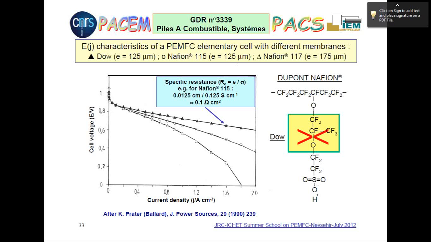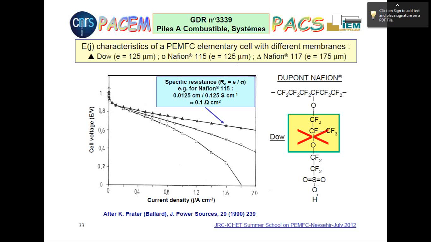It is important to decrease the thickness, but you have to keep the membrane gas tight. If you have a mixture of hydrogen and oxygen, you have problems. It happens sometimes in a bad laboratory; in a good laboratory, no. So that's a very important point.